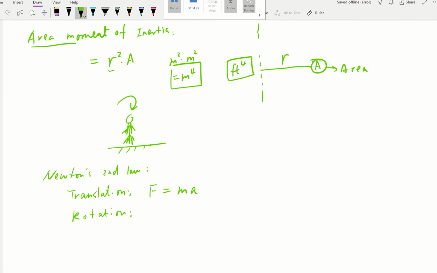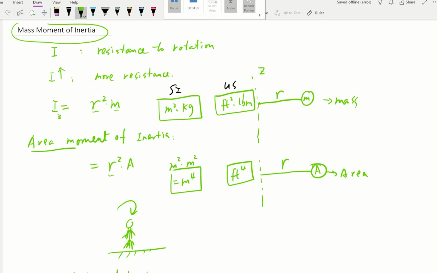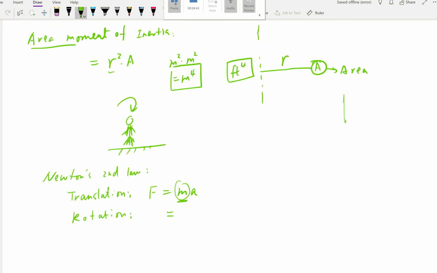What would be the formula for that? For mass, what's its counterpart in rotation? That's when this new concept comes along. Mass is a resistance to translational movement. For example, a truck versus a toy car: the truck has more resistance to move because its mass is huge.